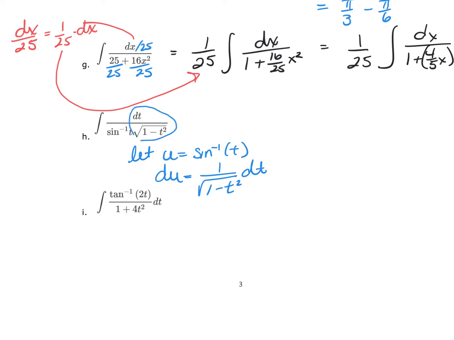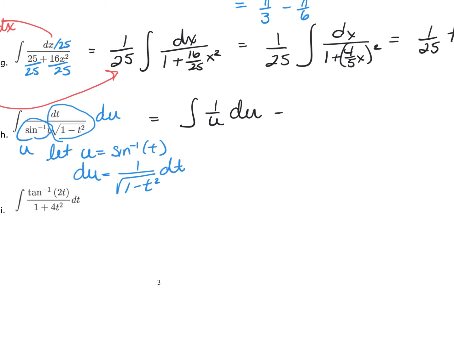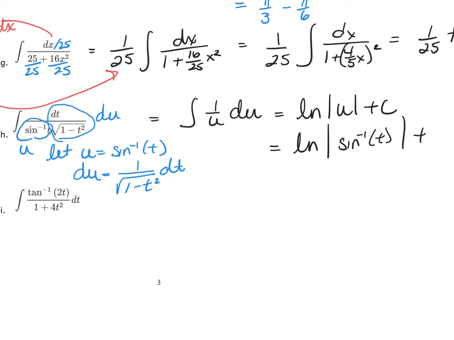So this portion gets replaced with du. This gets replaced with u. So this is really the integration of 1 over u du, which we know is the natural log. So this becomes the natural log of the absolute value of u plus c. So this becomes the natural log of the absolute value of the sine inverse of t plus c.